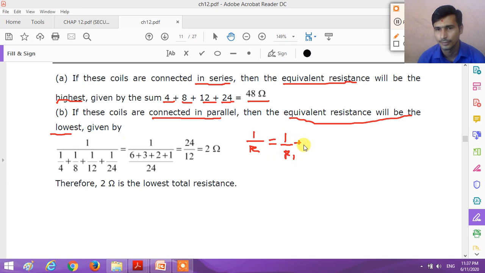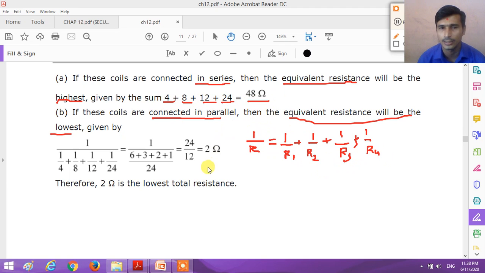plus 1 by R2 plus 1 by R3 plus 1 by R4. So instead of these, we put the values R1 equal to 4 ohm, R2 equal to 8 ohm, R3 equal to 12 ohm and R4 equal to 24 ohm.